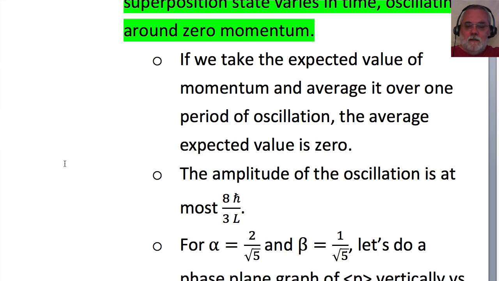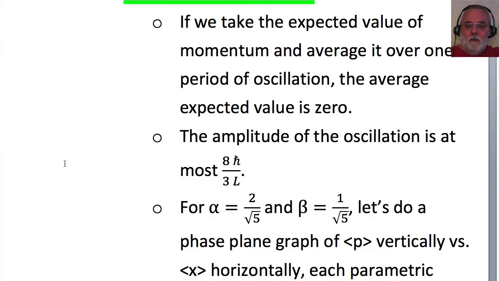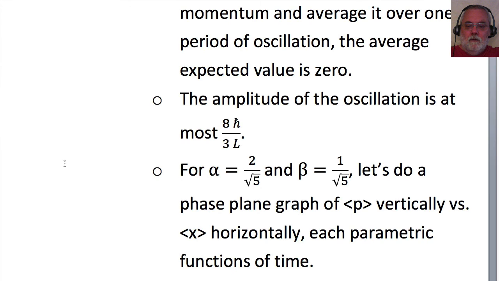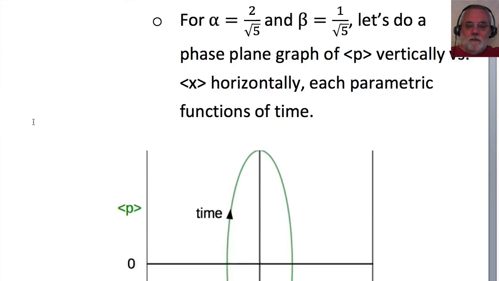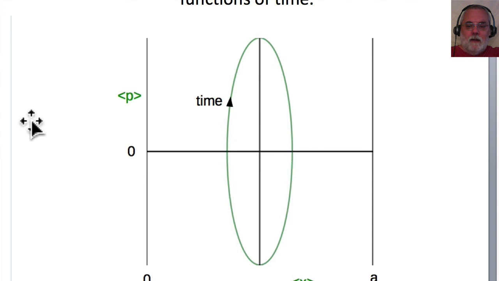And for our particular alpha and beta, if we plug these in, we get a definite value, a definite equation for expectation value of momentum, and a definite formula for expectation value of position. Let's graph these one against the other using time as a parameter. This might not be familiar to you, so don't worry about it.